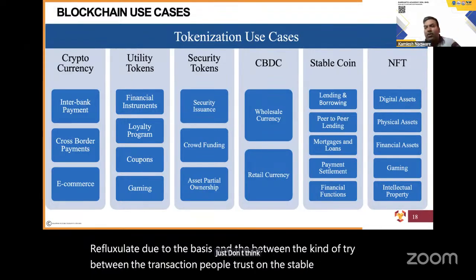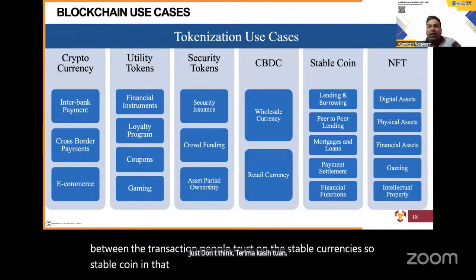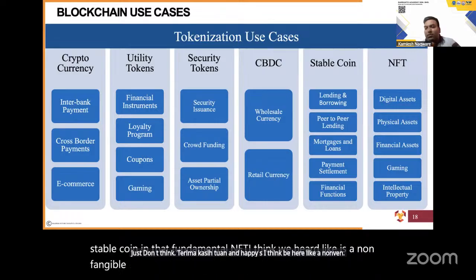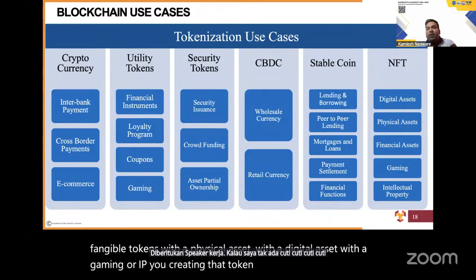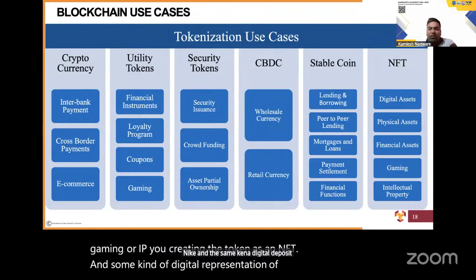That is the fundamental of stablecoin. NFTs, I think we have heard, are non-fungible tokens, whether for a physical asset, a digital asset, gaming or IP. You create that token as an NFT, some kind of digital representation of art or similar.